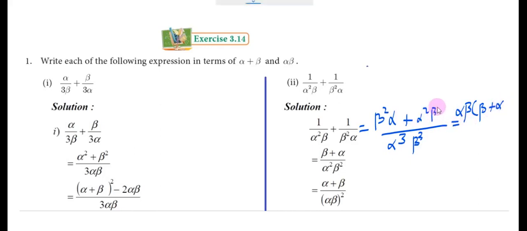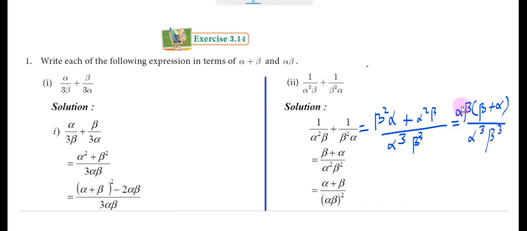So only one thing, common values we are taking outside. Okay, this is enough, understood, divided by alpha cube beta cube.